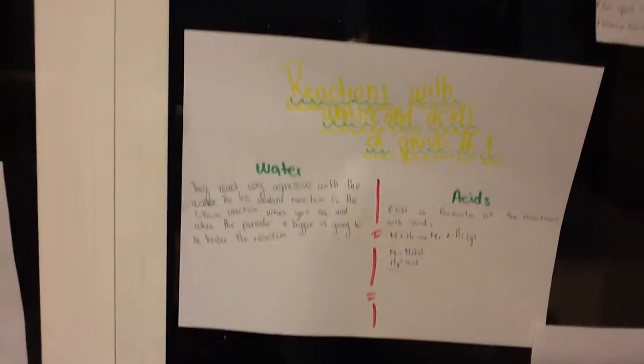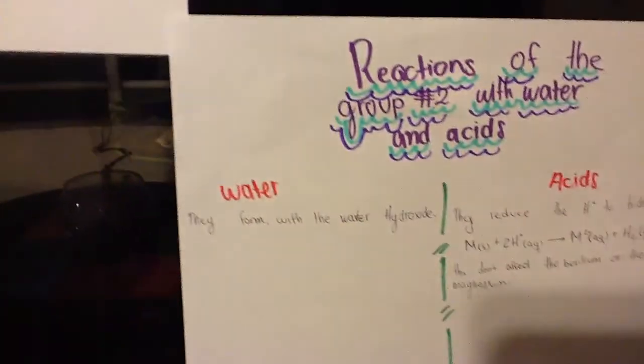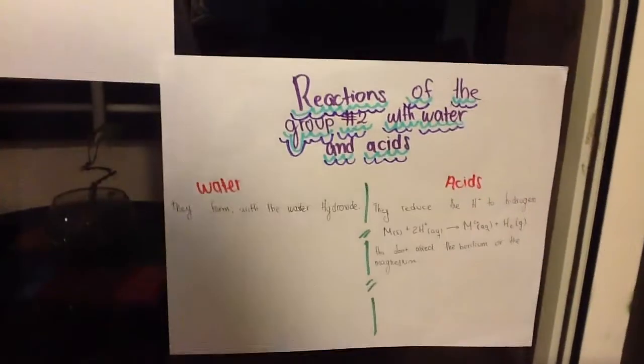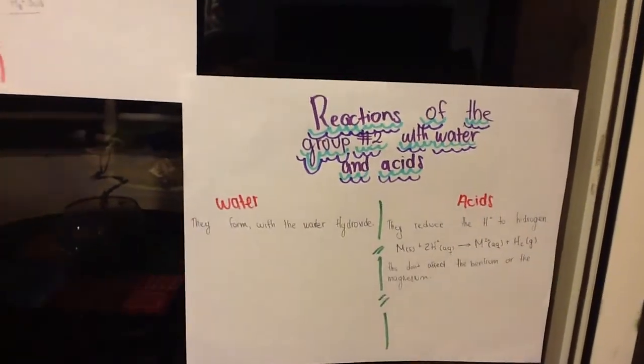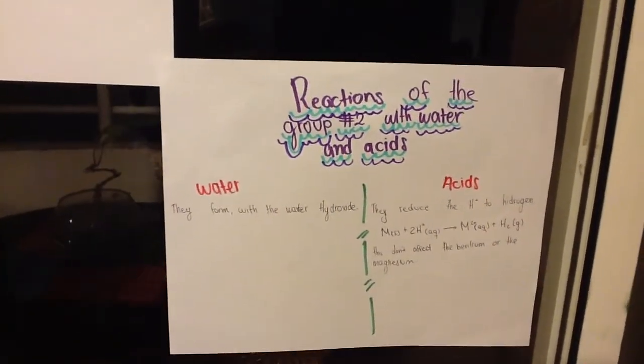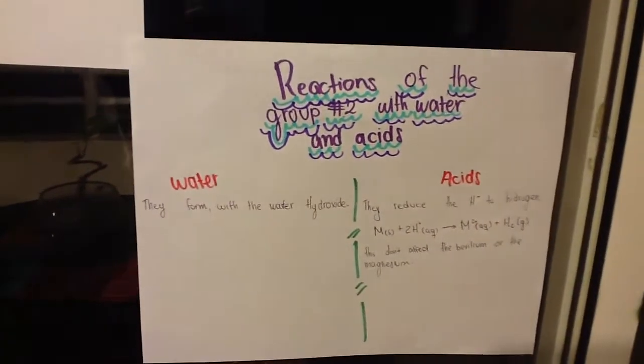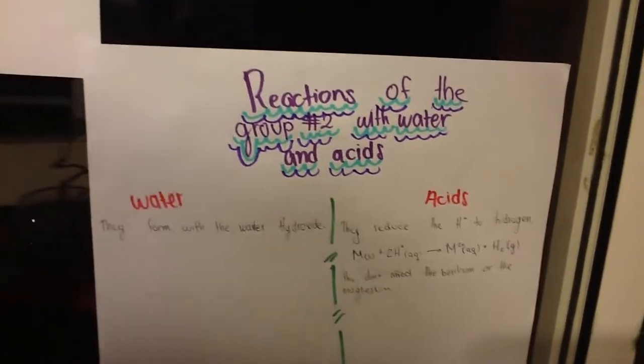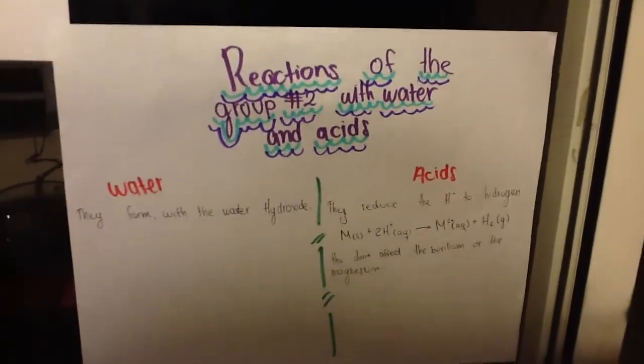Finally, I'm going to talk to you about the reactions of group number 2 with water and acids. With water, the alkaline earth metals form hydroxide, and with acid, they reduce the acid to make hydrogen.